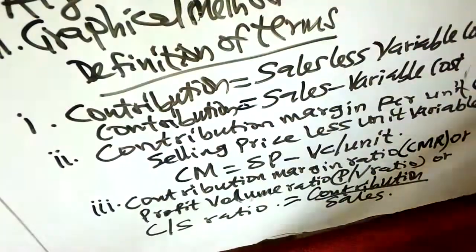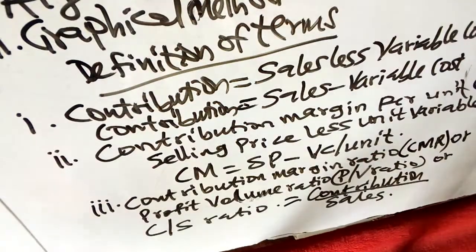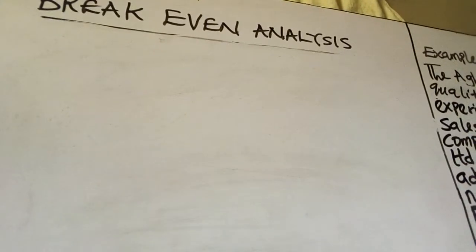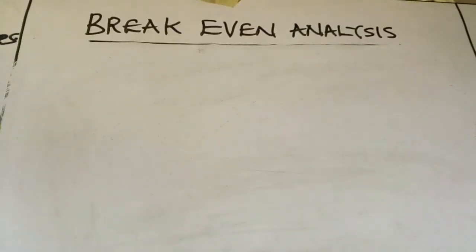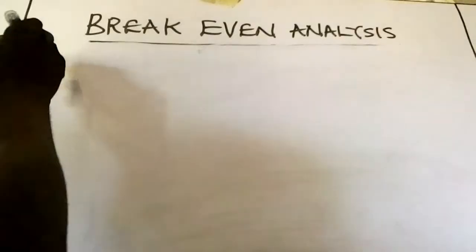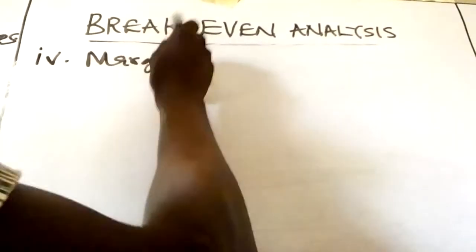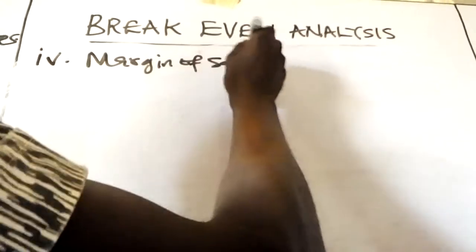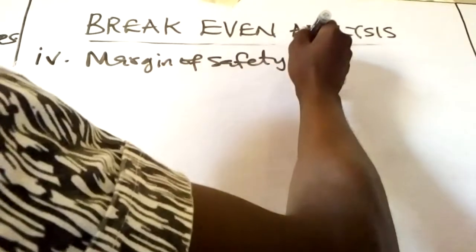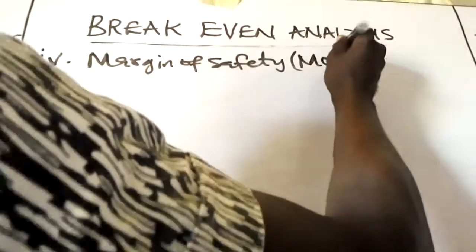Then the next term, number 4, is margin of safety, which is abbreviated as MOS.